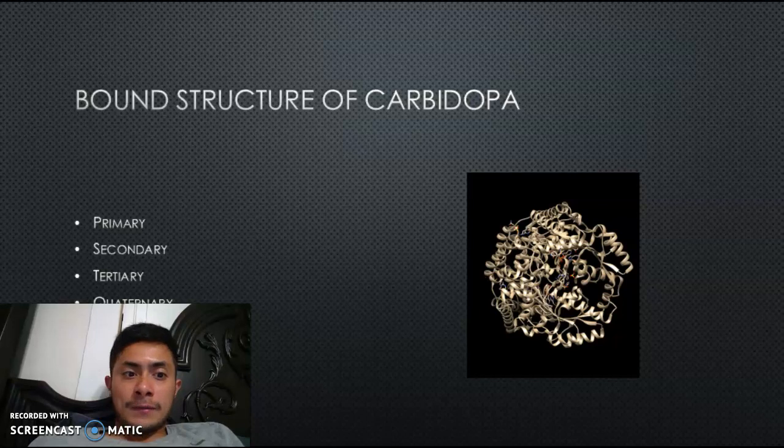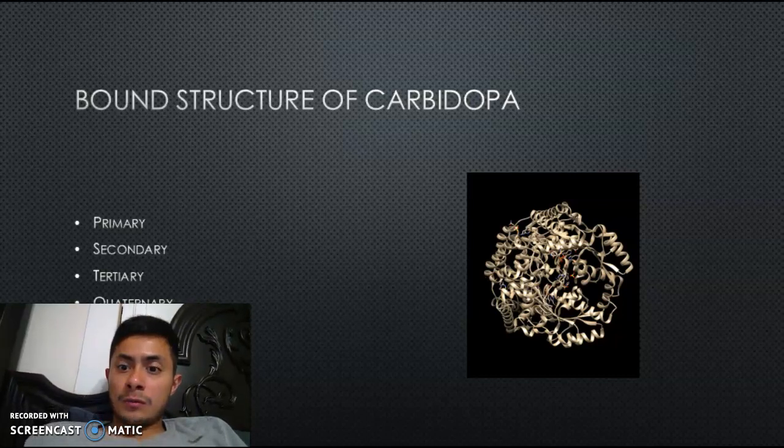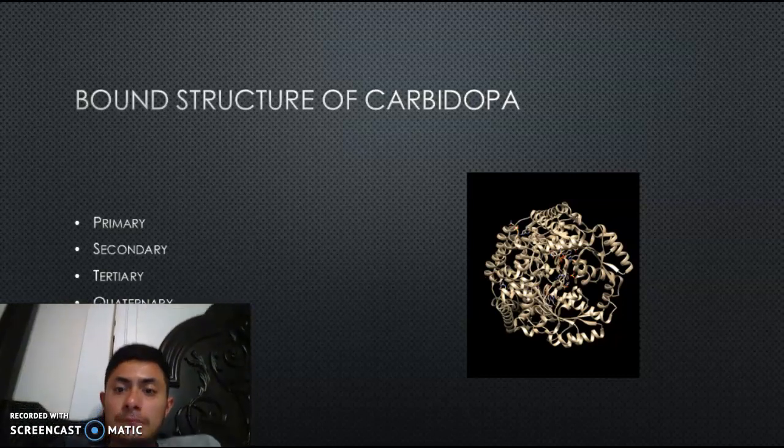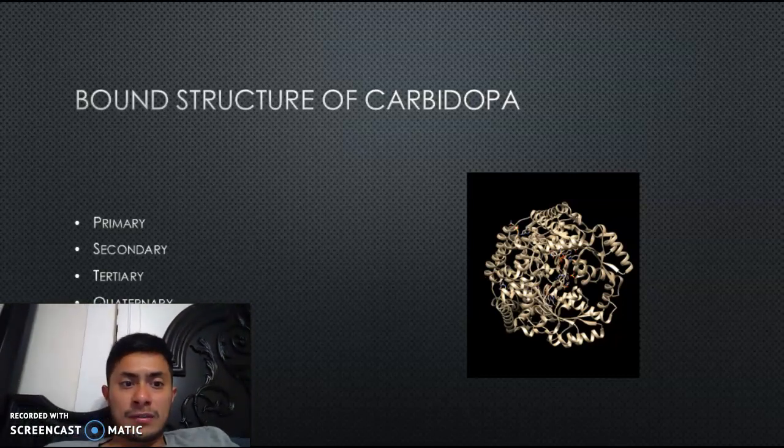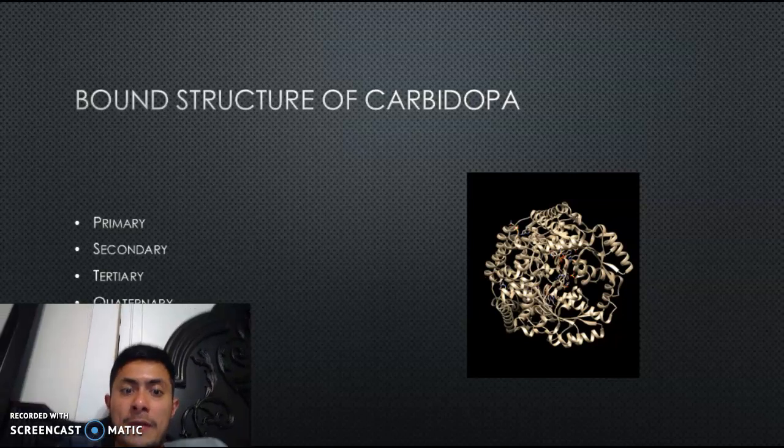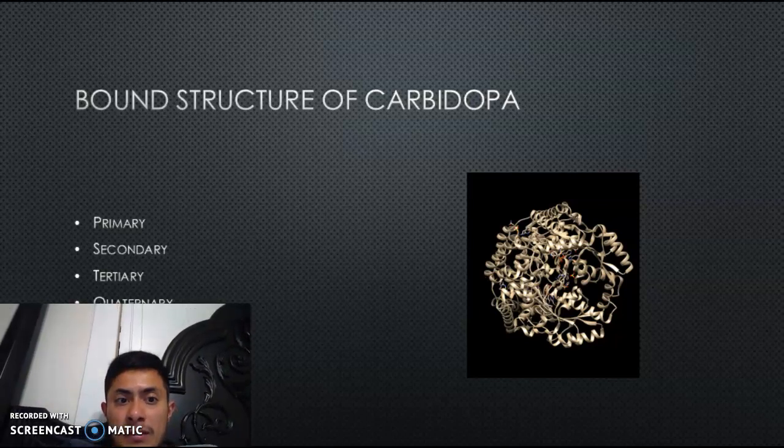So a little bit on the structure of carbidopa. Again, we already know it's used to inhibit the enzyme which produces dopamine. Now we can go over the different structures and the bound structure of it. Here we can see carbidopa.